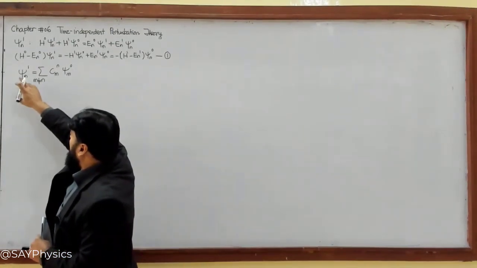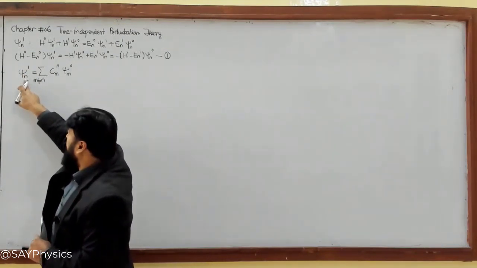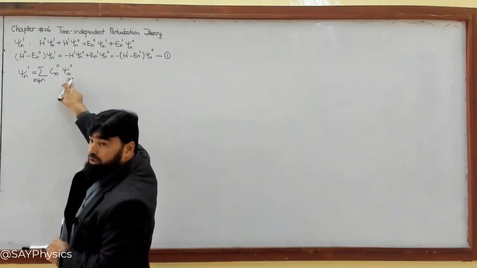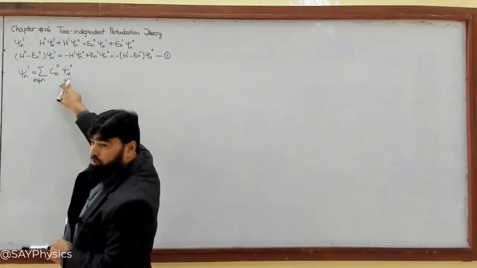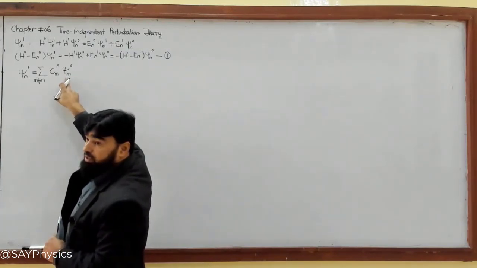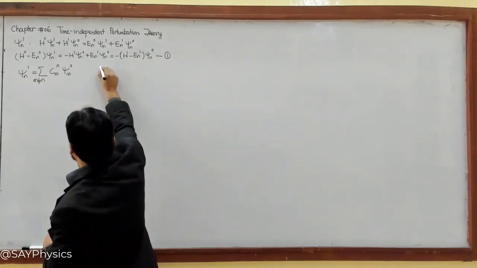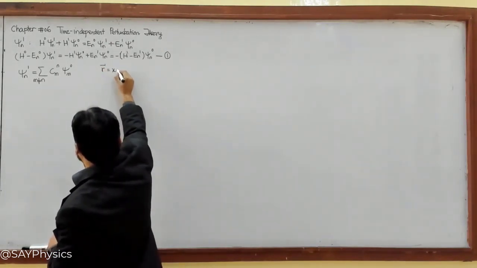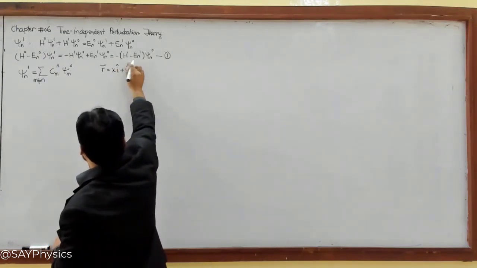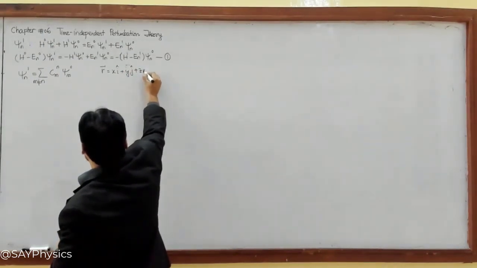Because consider this psi n only. Now psi n can be written in the form of other wave functions. These are an orthonormal set of wave functions. Like in a vector space we write r is equal to x i plus y j plus z k.